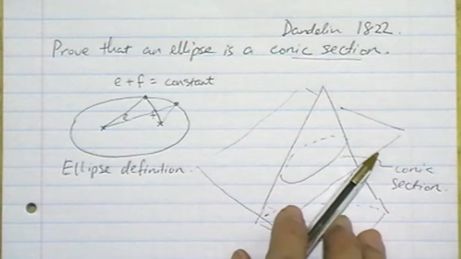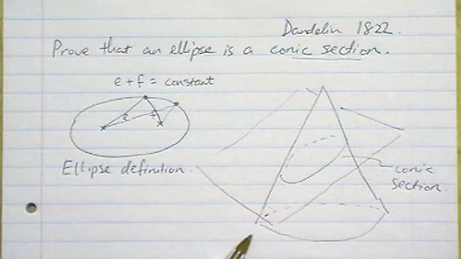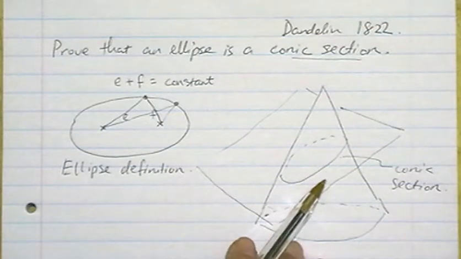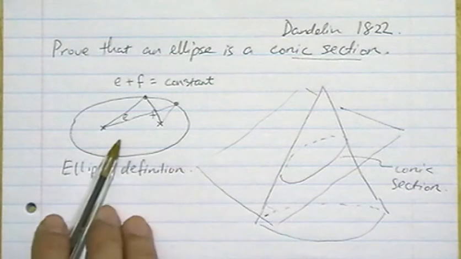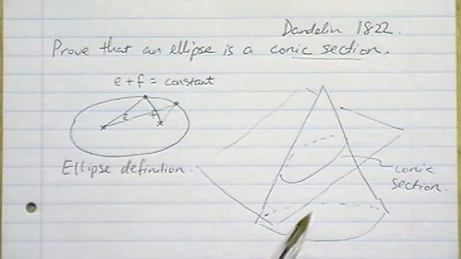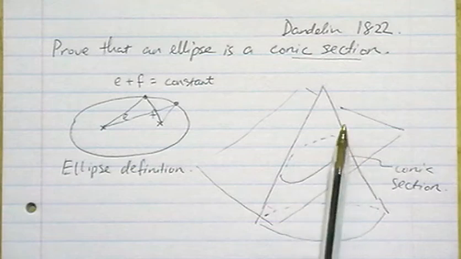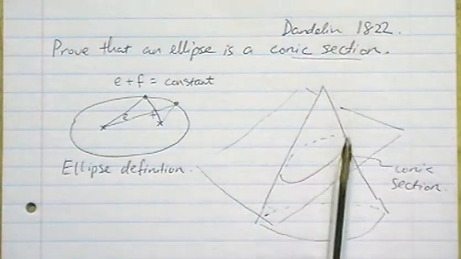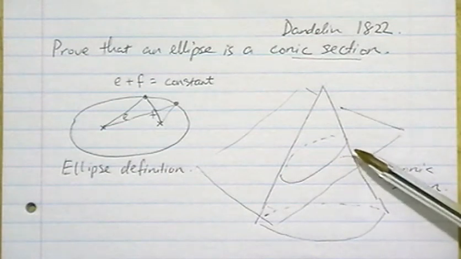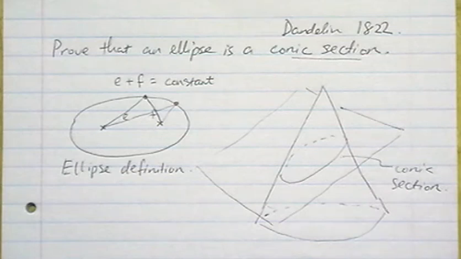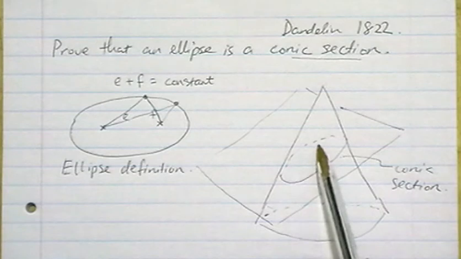But there are more than one way to cut a cone with a plane. Alright, if we do it this way, as I have drawn it, you get something that looks like an ellipse. But if you imagine cutting it this way in the vertical direction, then the section which is cut will just keep going further and further away as the cone expands instead of closing into a loop.